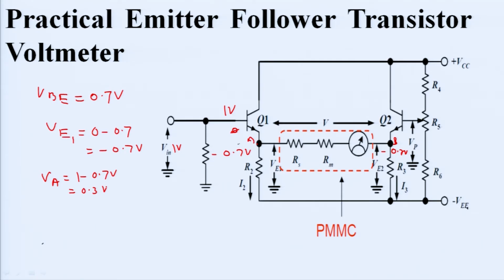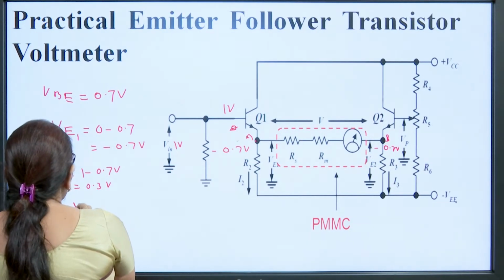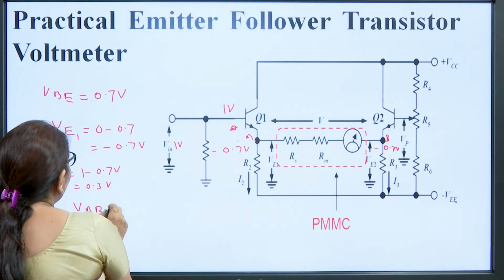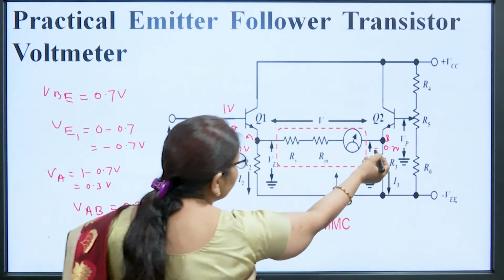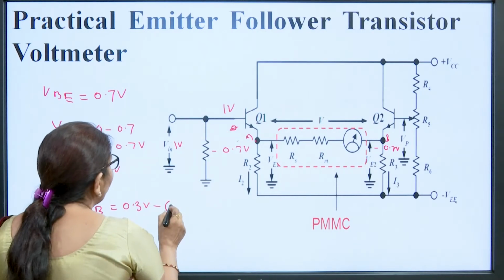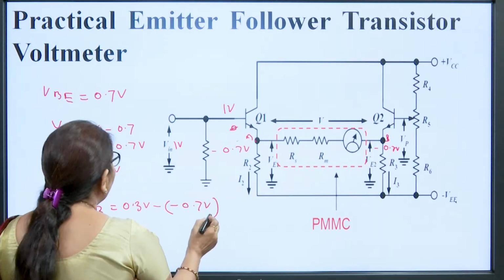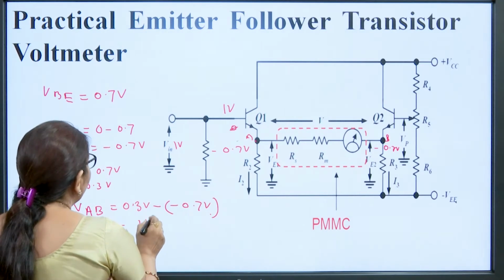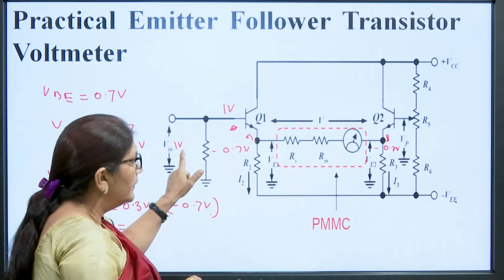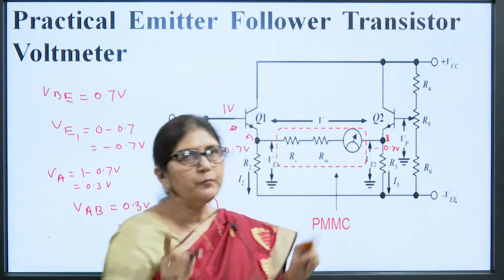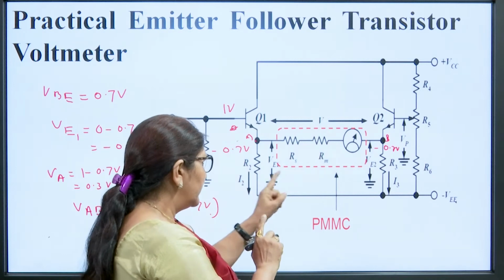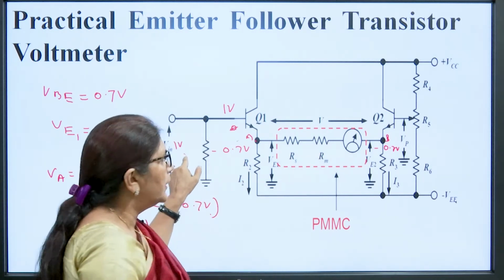The meter will deflect only by the difference between these two, so the difference VAB is 0.3 volt minus minus 0.7 volt. It will be 1 volt. So, whatever voltage we are applying here, the same voltage will appear across the PMMC meter, and the PMMC meter will display the voltage equivalent to the input voltage.